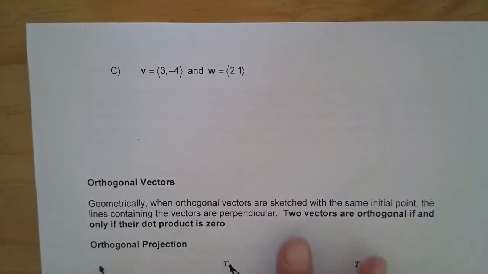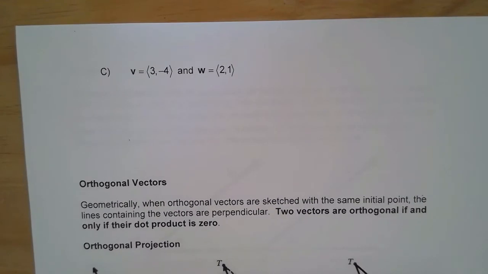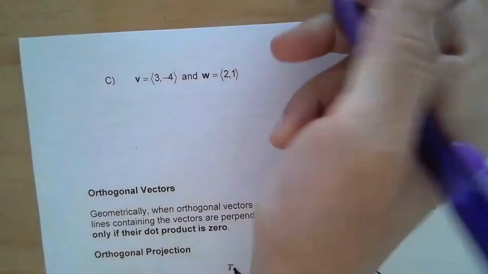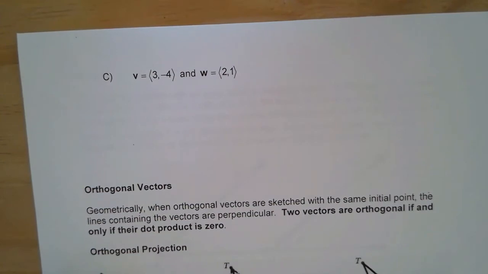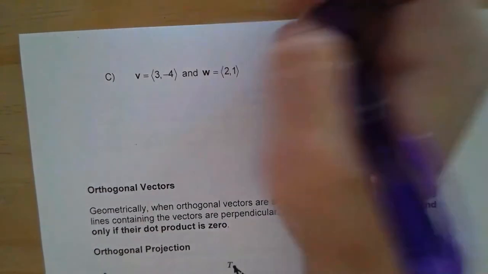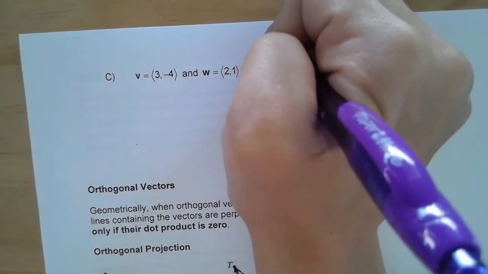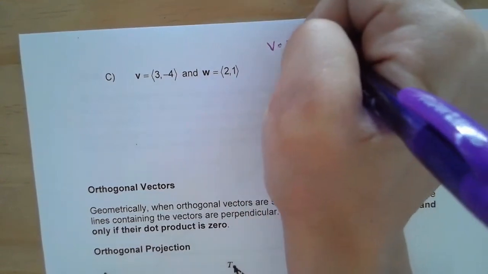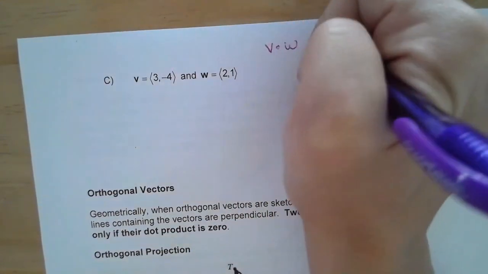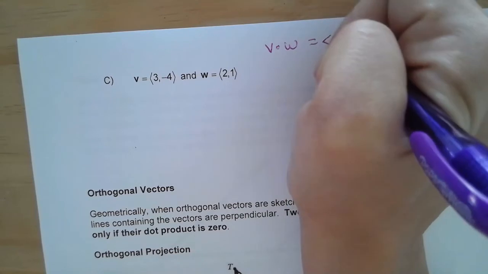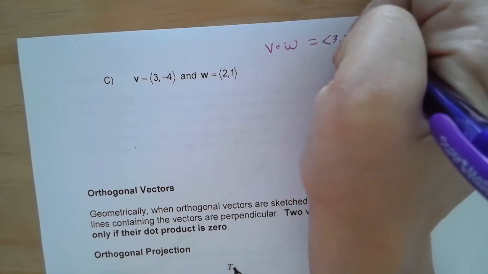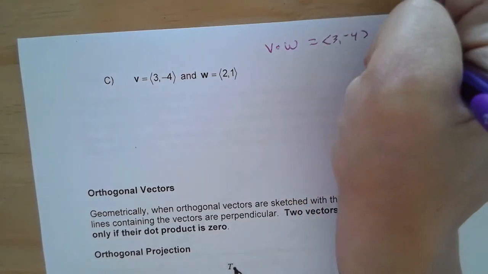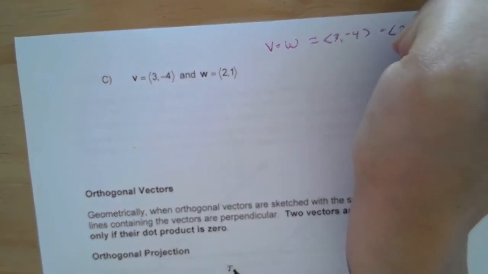Okay, now we have one more here we're doing. So there must be something different with this one between the other two, because why would I have you doing the same thing over and over and over? Okay, so again, just because I ran into that situation before, I'm actually going to do the dot product first. Okay, so we get 3, negative 4 times 2, 1.